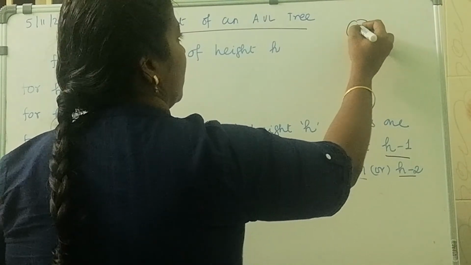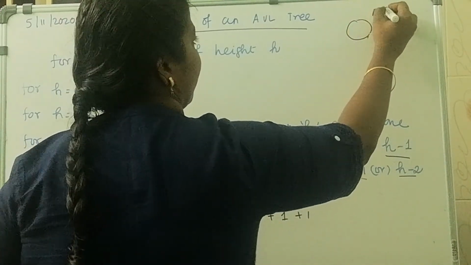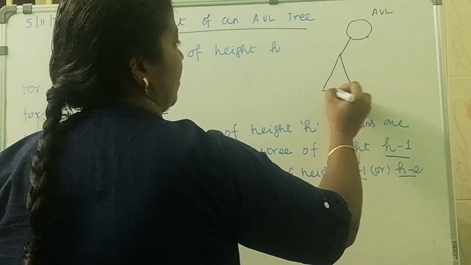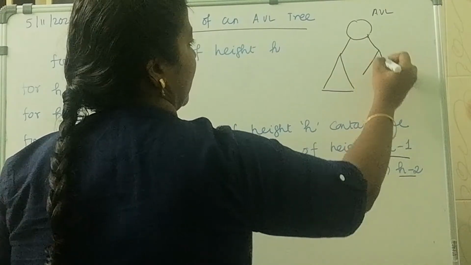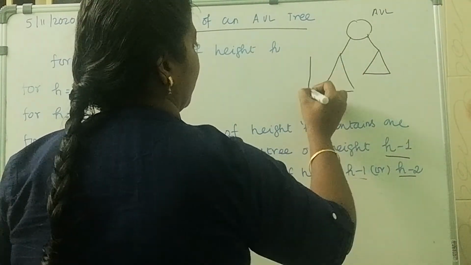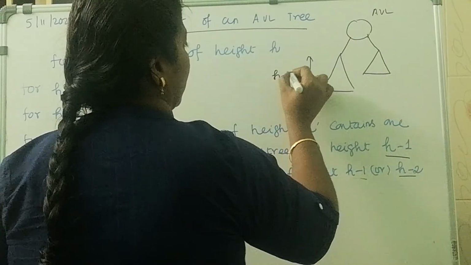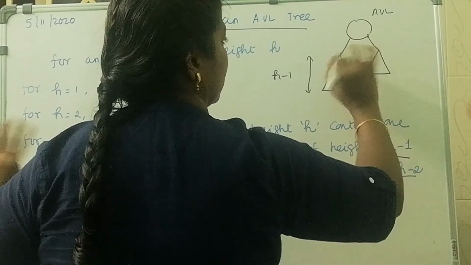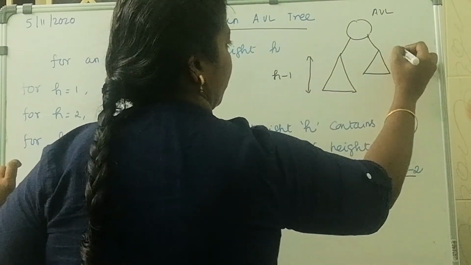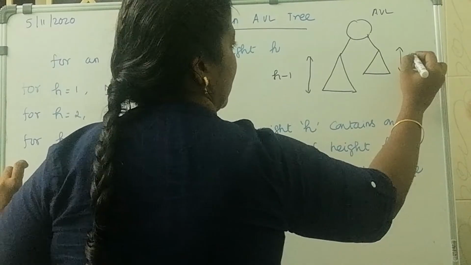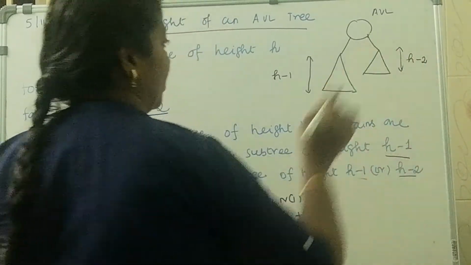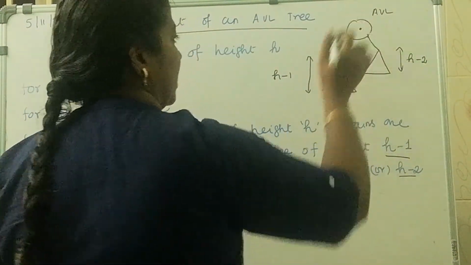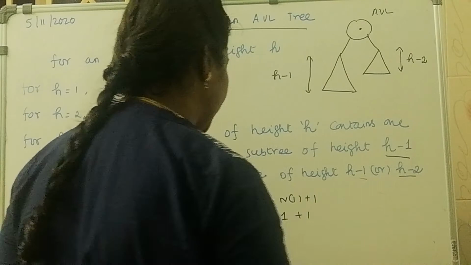So now let us recall, if this is an AVL tree which satisfies the minimum number of nodes in it, let us take one of its subtrees, it is possible to have either side. Let this be h minus 1, and this subtree can have a height h minus 2, and this one node we should count, that is the root node for that subtree.